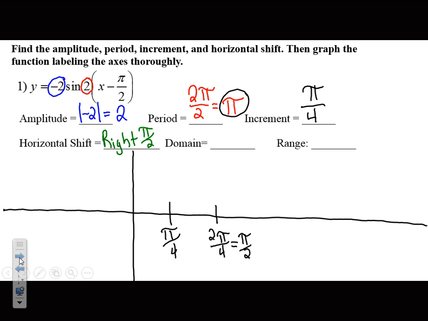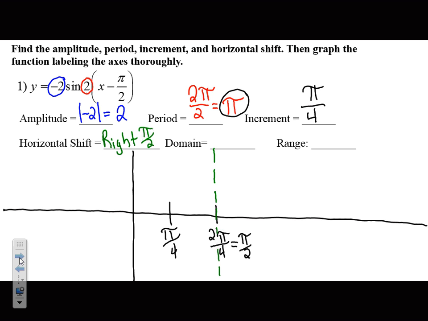Once we find that, we're going to put in our horizontal shift. So we move to the right, pi over 2. You need to pick your colored pencil, and you need to create a vertical line at pi over 2. Once we have that line, we're going to go 4 to the right. After you find where that goes, you don't necessarily have to worry about simplifying anymore.